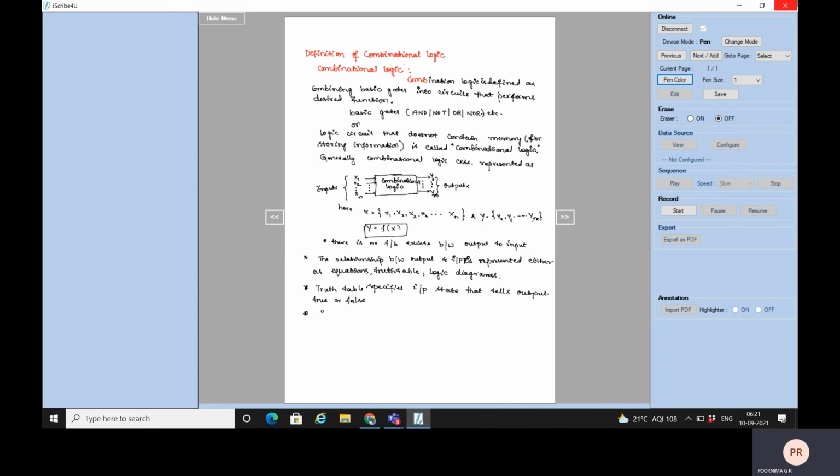Or when you go for a switching equation, which are derived from truth tables.